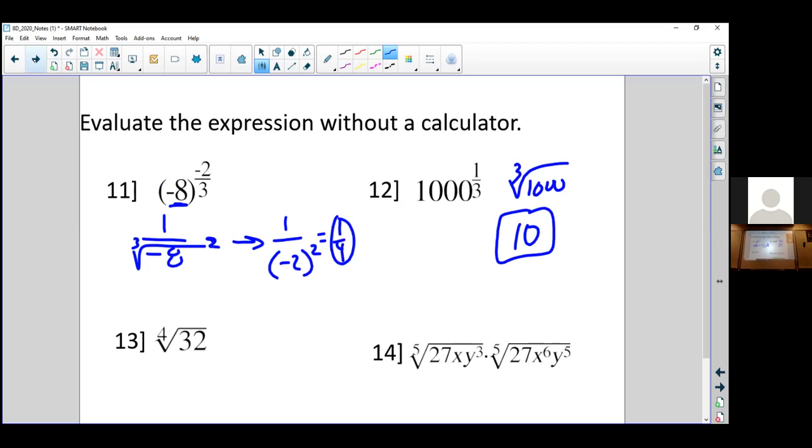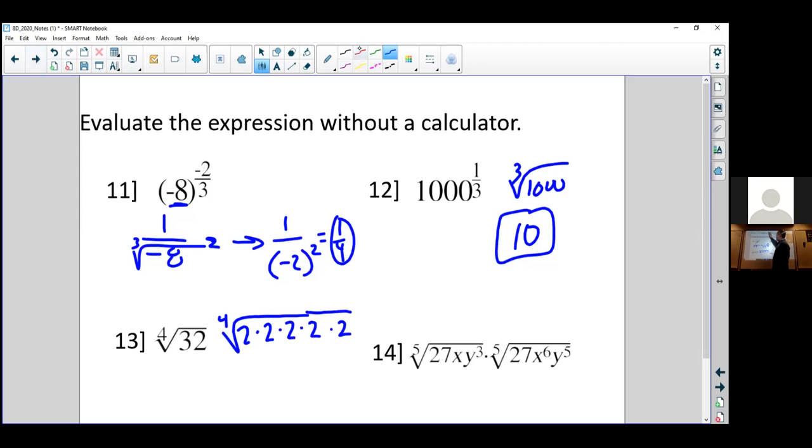Fourth root of 32. I know my base has got to be 2. So 2 times 2 is 4, times 2 is 8, times 2 is 16, times 2 is 32. How many of a kind am I looking for? 4.